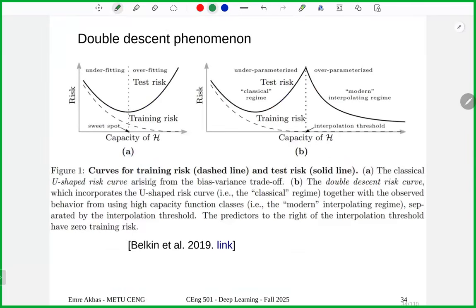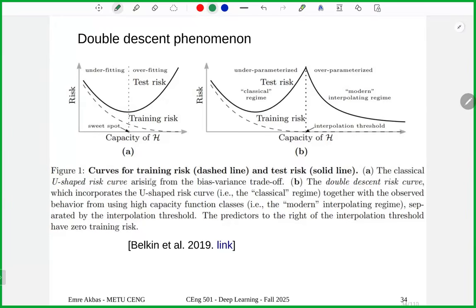And researchers are trying to understand why this is happening. And the most plausible explanation right now is the method that we use to fit these functions, which is gradient descent or stochastic gradient descent.